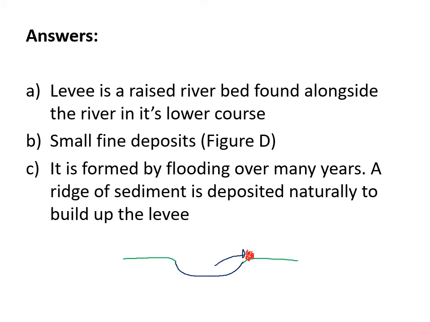This is going to take place over multiple floods. This could take a very long time to form. But then after that, you're going to get slightly larger sediment, and it's going to get smaller and smaller as you move along, until eventually you're left with the absolute finest of sediments there. And there we go. We have our levee shape, our mound of earth on the side of the river.